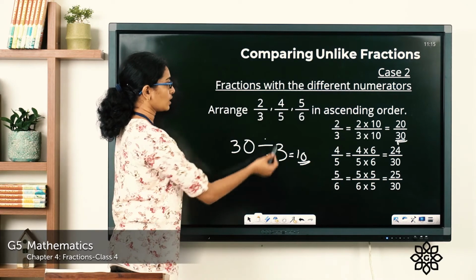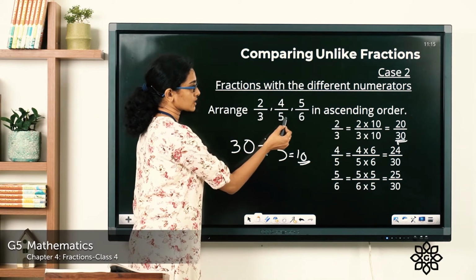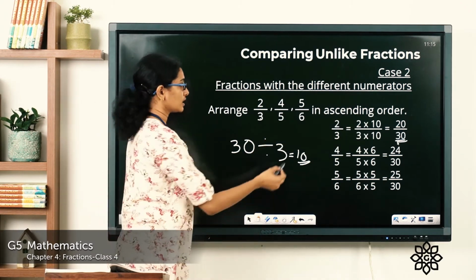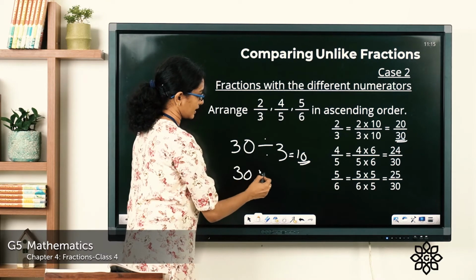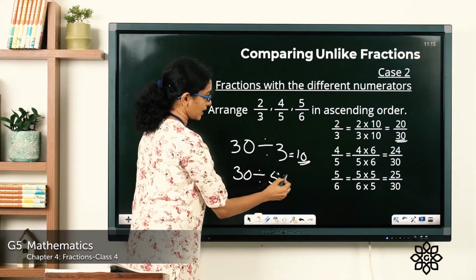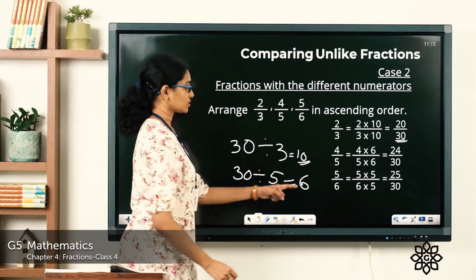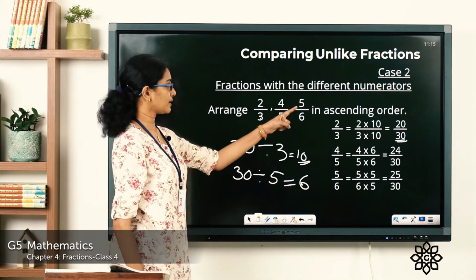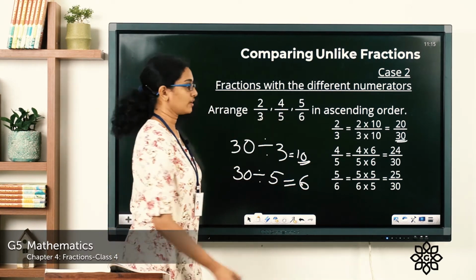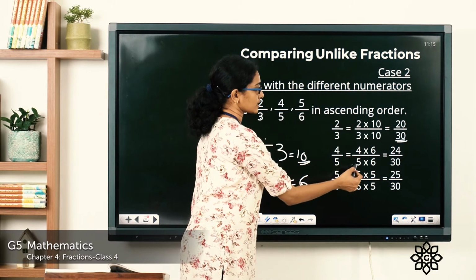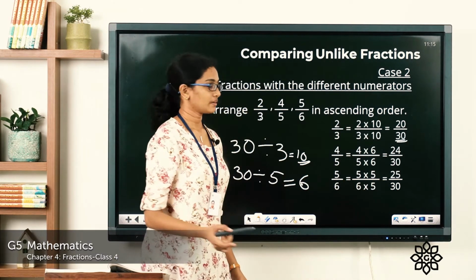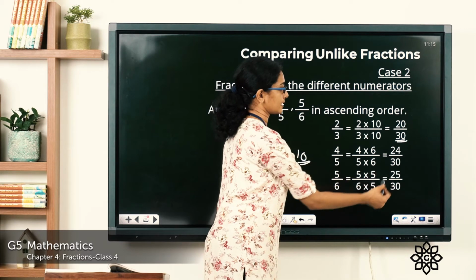Now, the second case, 4 by 5. How can we change this 5 to 30? What is 30, the LCM, divided by this 5? It is equal to 6. So, let's take this 6 to multiply both 4 and 5. So, 4 into 6 by 5 into 6. We get 24 by 30.